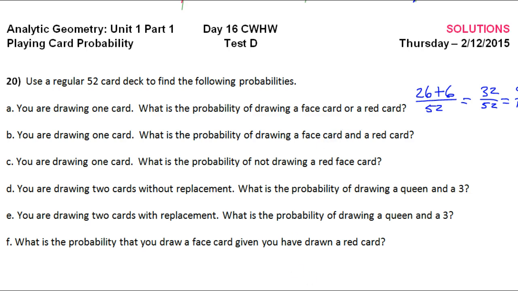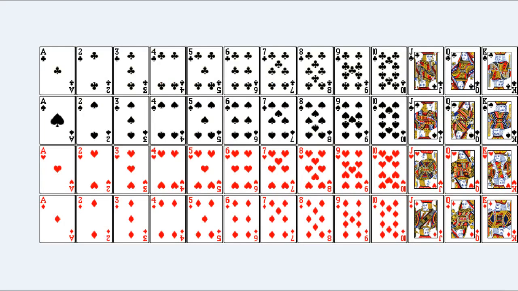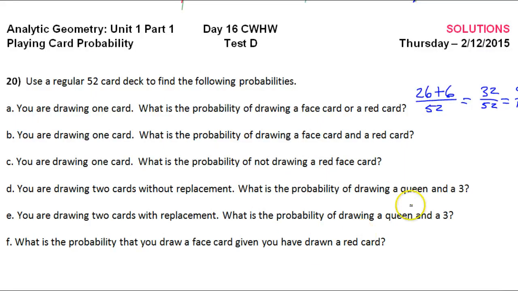So looking back at my picture, all right, the probability of drawing a face card and a red card. So we're just talking about the face cards that are red. So this is the overlap right here. We have the face cards, we got the red cards, we have 6 cards that are both at the same time. Alright, so target over total.